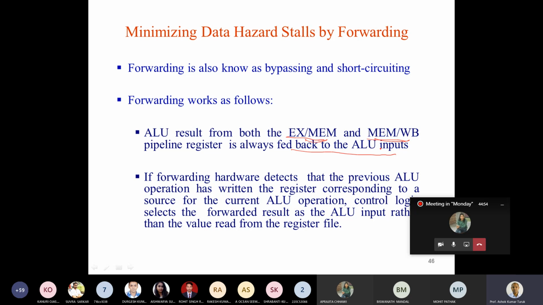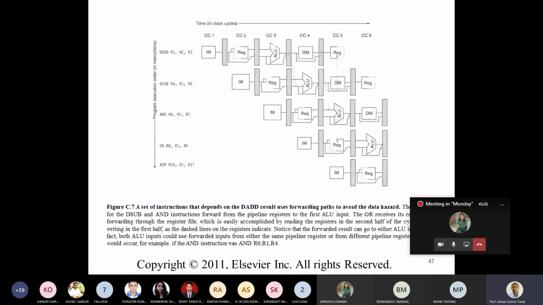So if you look at the sources to the ALU, there are different sources. If the hardware forwarding logic detects that the source of the current instruction will be from a previous instruction, then it will select the ALU output rather than the register file.